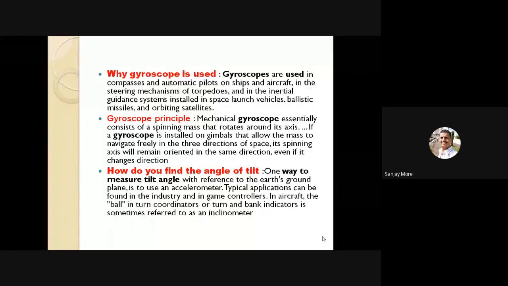So first one is why a gyroscope is used and where it is used. Gyroscopes are used in compasses and automatic pilots on ships and aircraft, also in the steering mechanism of torpedoes, and the inertial guidance system installed in space launch vehicles, ballistic missiles, and orbiting satellites.